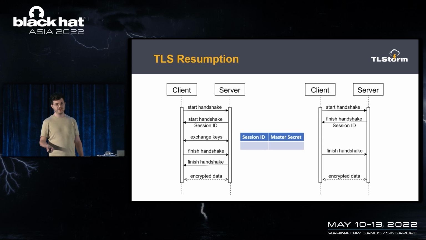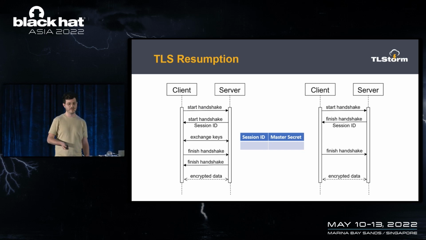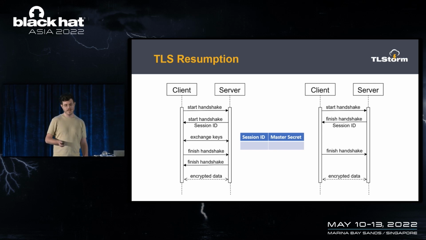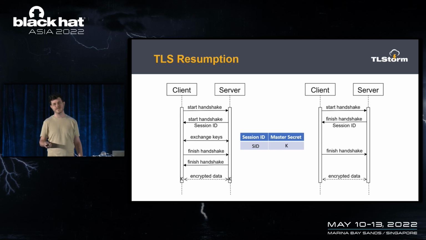And to understand this feature, you first have to be familiar with kind of a niche TLS feature called TLS resumption. This feature allows parties to exchange a session ID in the authentication phase and to store it alongside the generated master secret that is used for the encryption and decryption of the communication phase.